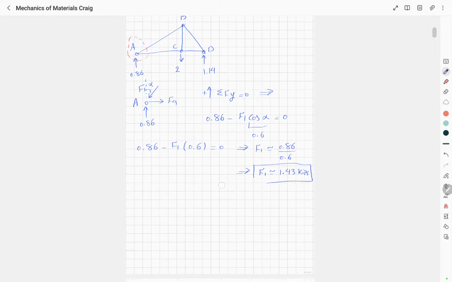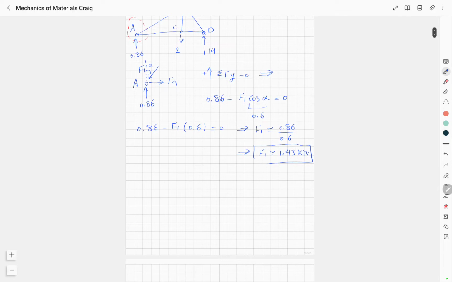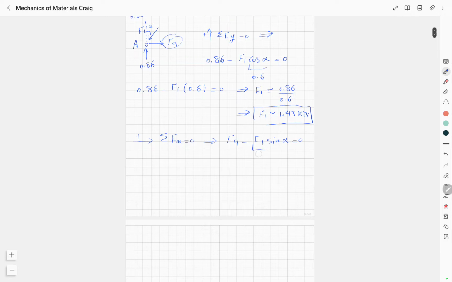So we can follow the same steps for x direction. Sigma Fx is equal to 0. Now the only forces that we have in the x direction are F4 and the component of F1 in the x direction. So we can write F4 minus F1 sine of alpha is equal to 0. We have the value of F1.